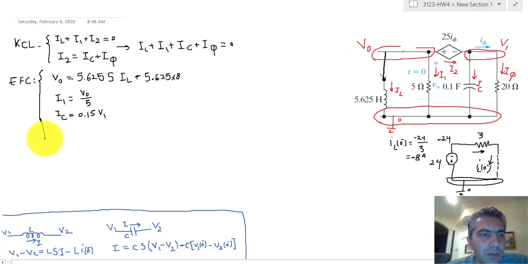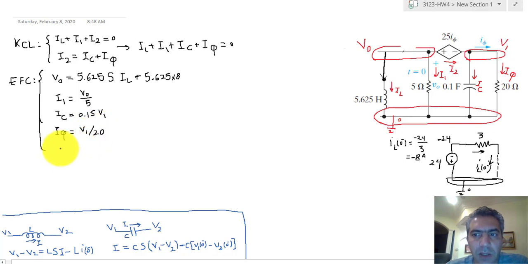And there are 2 more equations that we need to write. For the 20 ohm, I phi is equal to V1 divided by 20, is V1 minus 0 divided by 20.